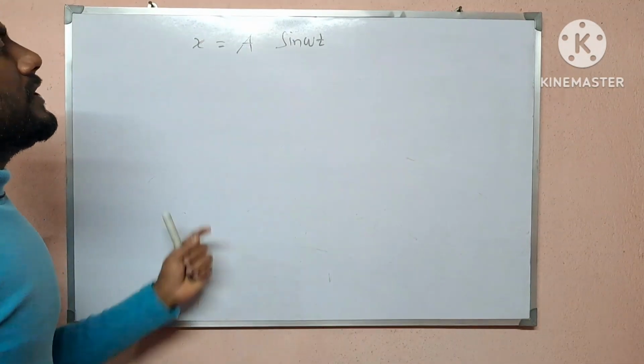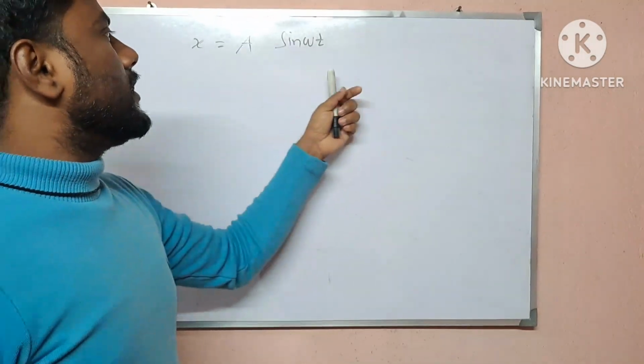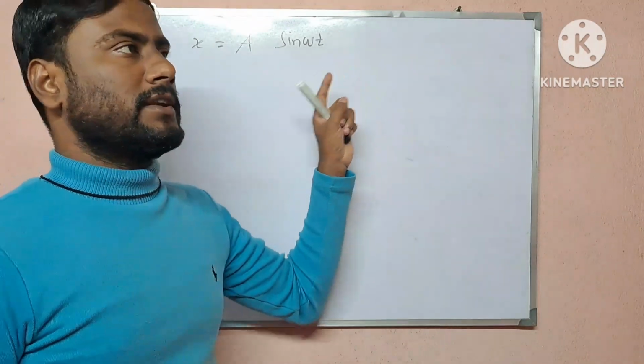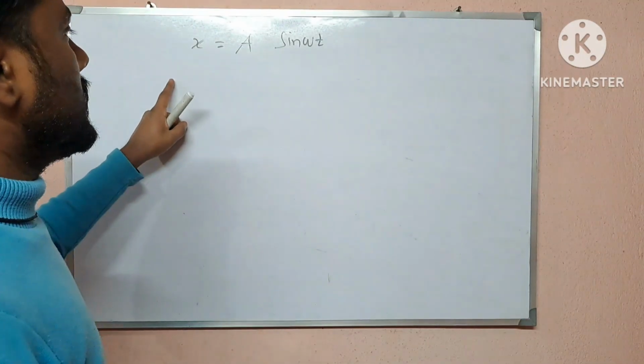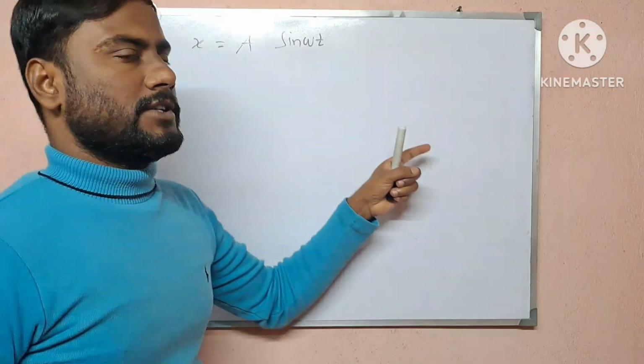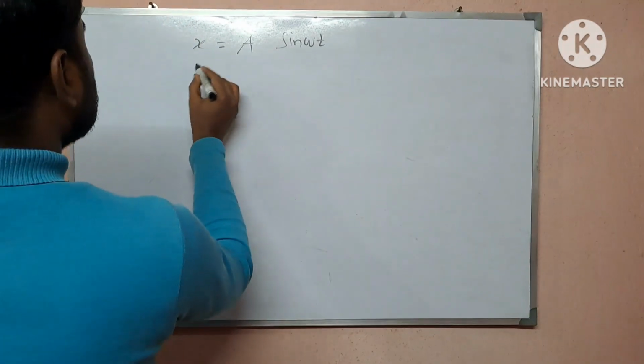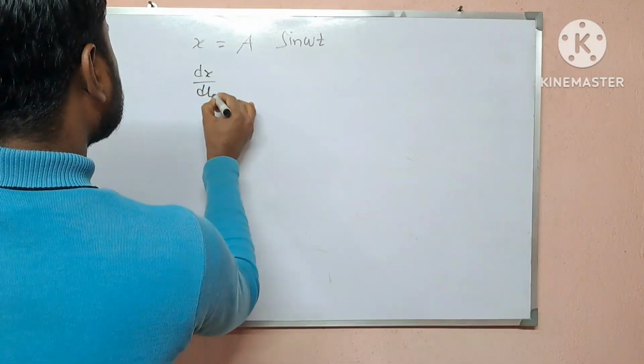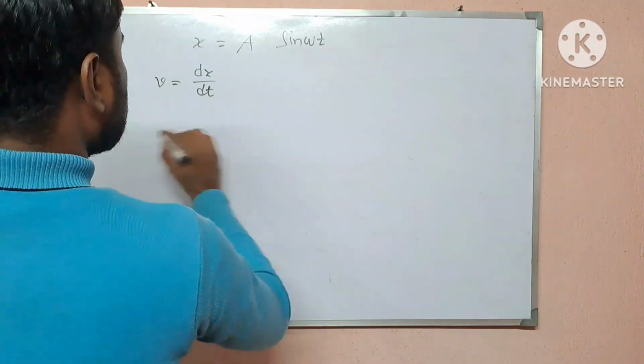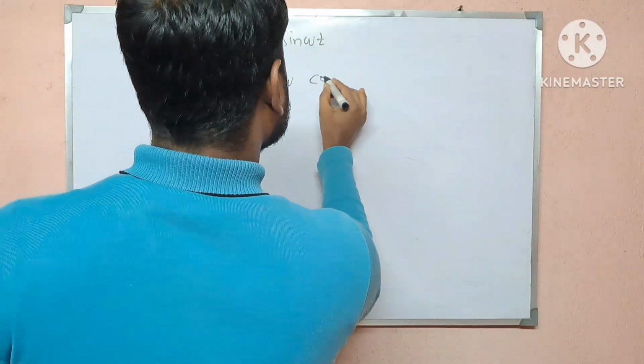If you take the differentiation dx by dt, that will be v, the speed of the particle, a omega cos omega t.